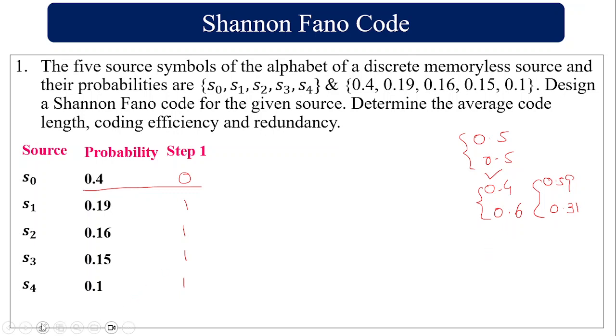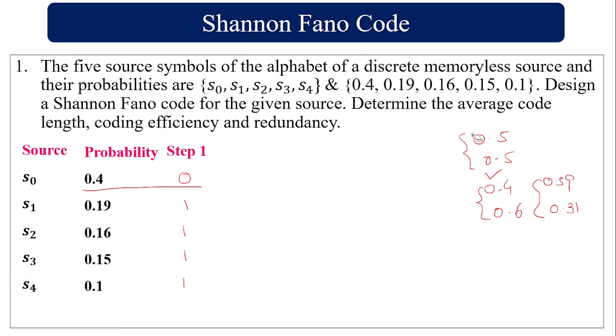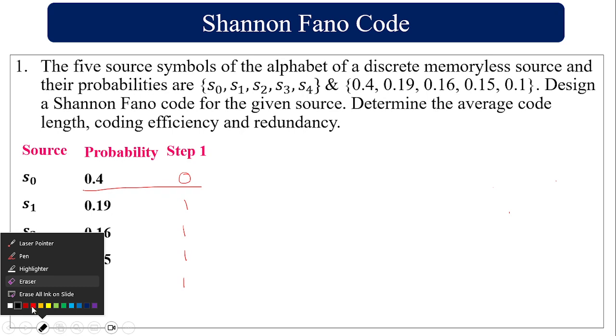Now we'll see the second combination. Here the remaining probability is 0.6. Equiprobable means it should be divided as 0.3 and 0.3.